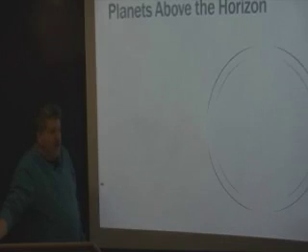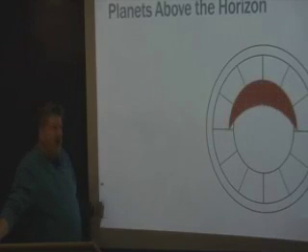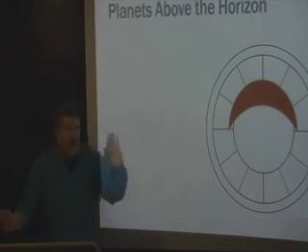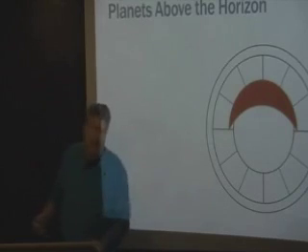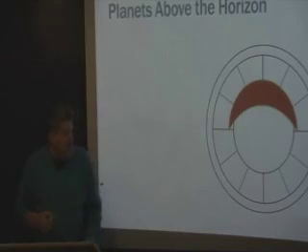Now, another generality that we look at in a chart is to see how many planets are above the horizon. Keep in mind, when we're looking at a chart, we're actually looking south. If we were to step out the front door of our classroom here, we would see that the constellations of the zodiac fall in a band south towards the equator.